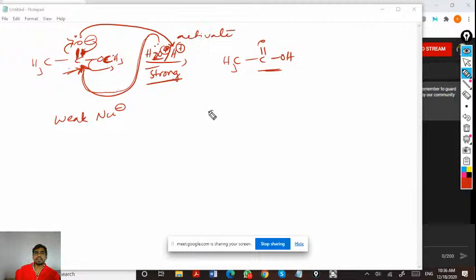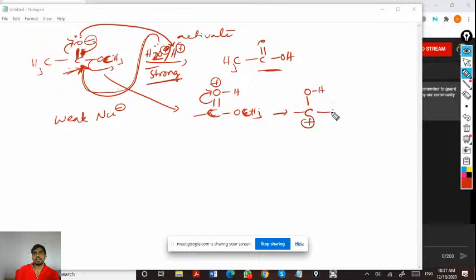So it gives C double bond OH with a plus charge. Once it becomes O plus, it will abstract this double bond, and it becomes OH with a carbocation, which will be readily attacked by the H2O nucleophile. So these are the two conditions.